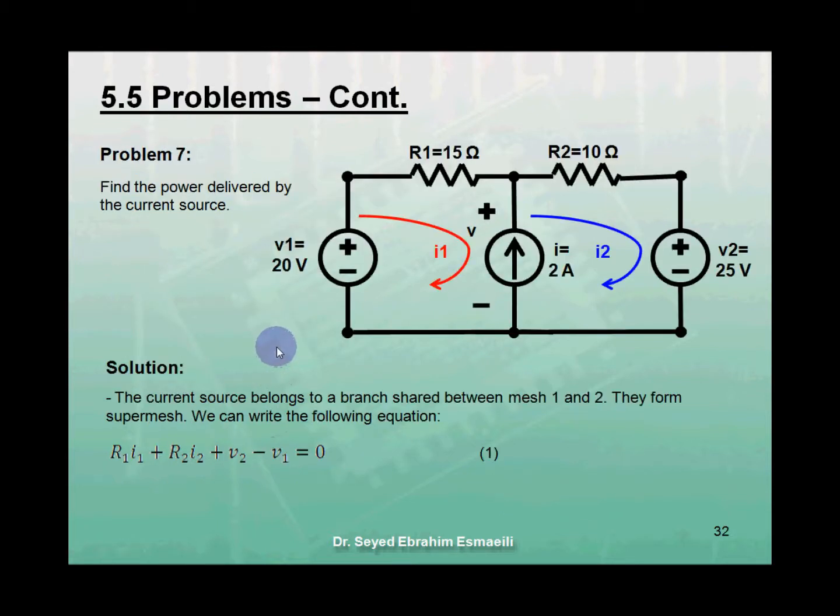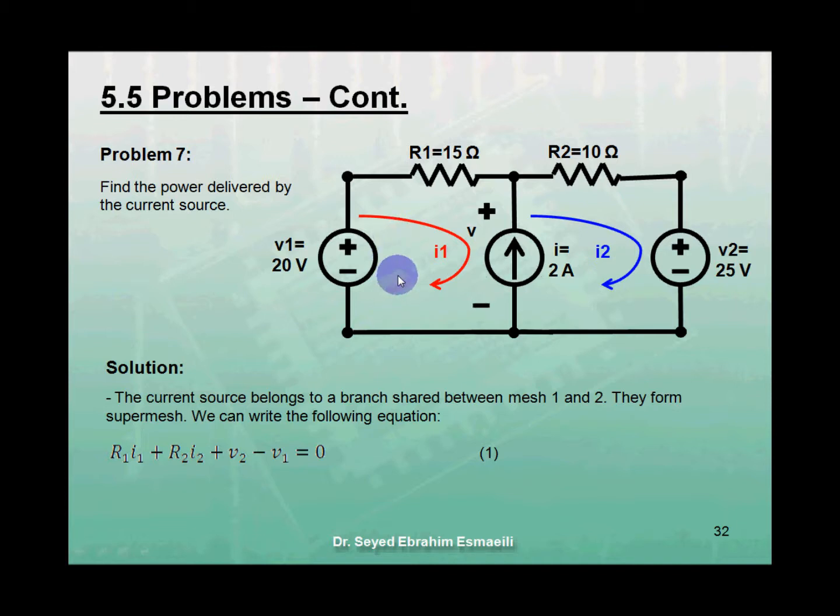In problem 7, we need to find the power delivered by the current source. We begin our solution by noting that the current source belongs to a branch shared between mesh 1 and mesh 2. We can combine these two meshes into one super mesh.